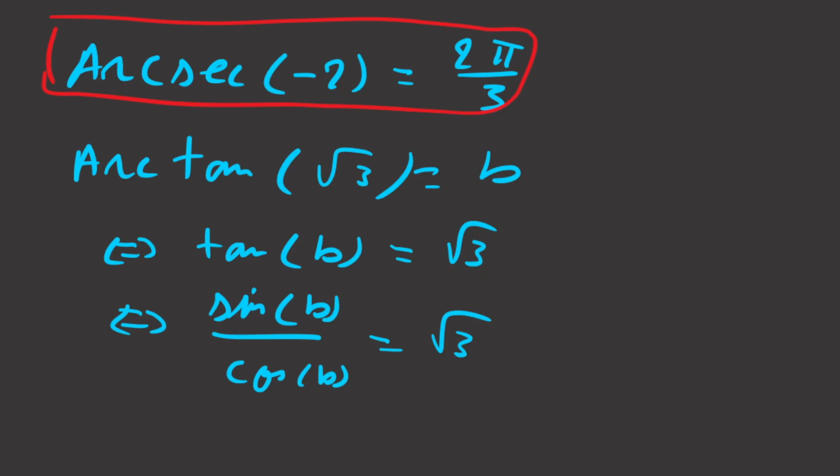We need to find the value of b. To solve equations, we don't necessarily need to use those types of things, the algebraic methods. We just need to use the unit circle again and visualize the numbers so we can get the answer. So here we go.